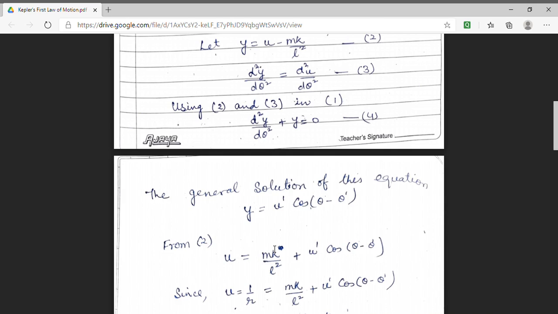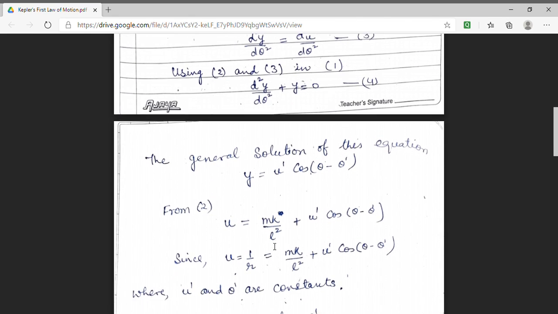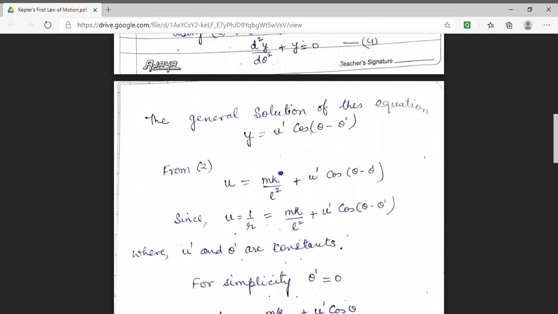Since u is equal to 1 by r, here u dash and theta dash are constant factors, and for simplicity I am choosing theta dash to be 0.